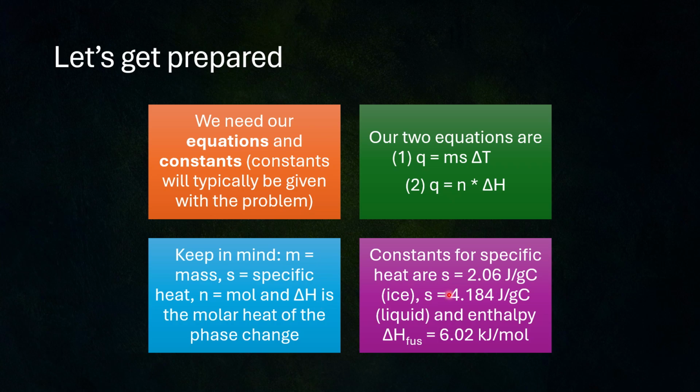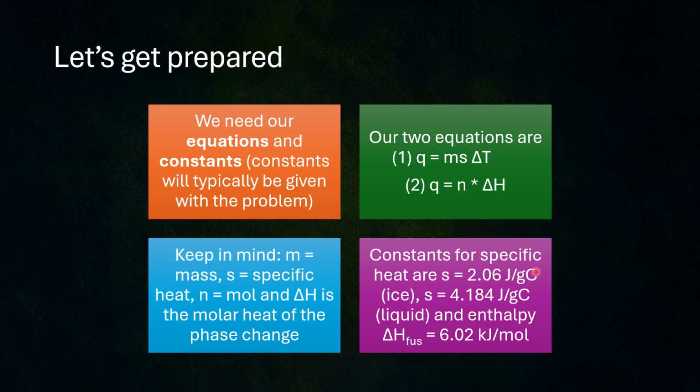For this particular problem, we're going to need at least three different constants. We're going to need two different ones for specific heat, and we're going to need the molar heat of fusion, or the enthalpy, which is the heat required for the phase change of melting.